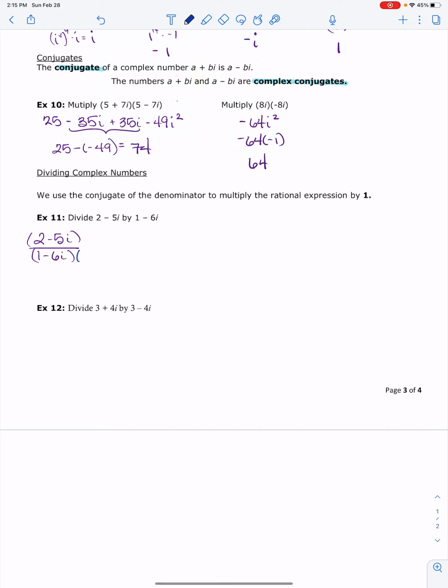So we are going to go ahead and multiply by the conjugate of the denominator. So let's make a note. Multiply by conjugate of the denominator.